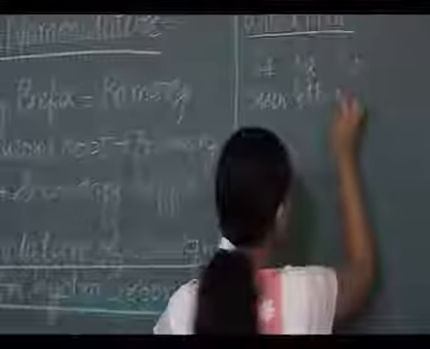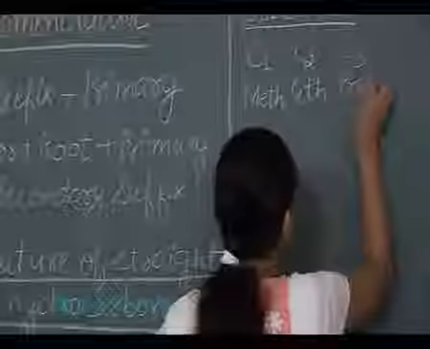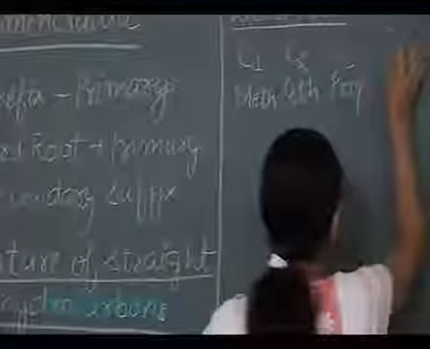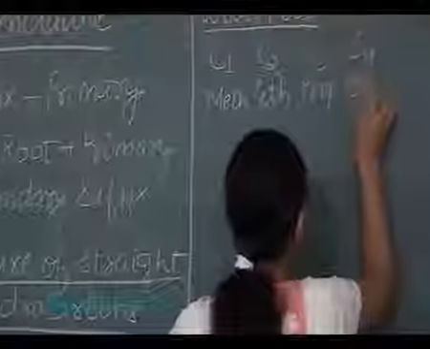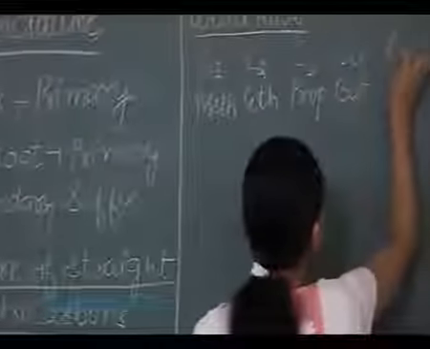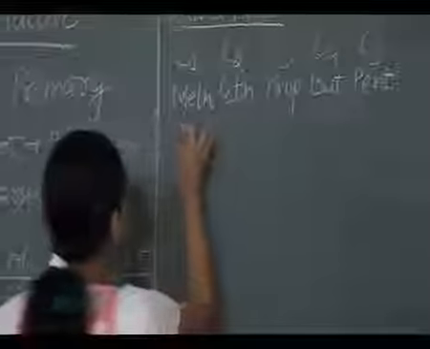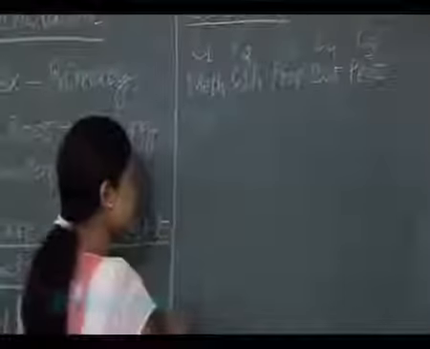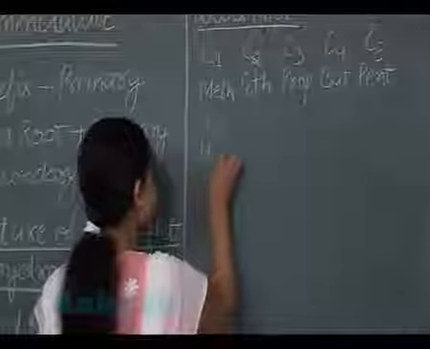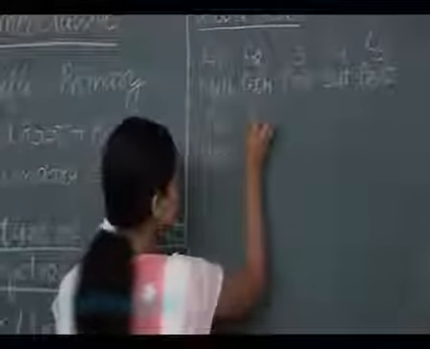Same, C3 is prop, C4 is but, C5 is pent. If the organic compound has C6 carbon atoms, then the word root is hex.